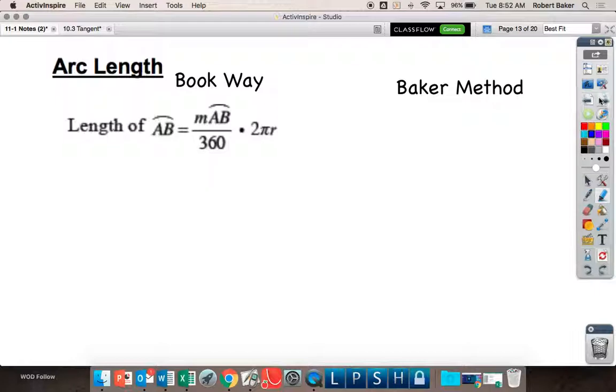So Baker's method says arc length over circumference is equal to degrees over total degrees. So it's a proportion. So it's part of the circle over the length of the whole circle, and it's the amount of degrees you have over the total number of degrees that there are.